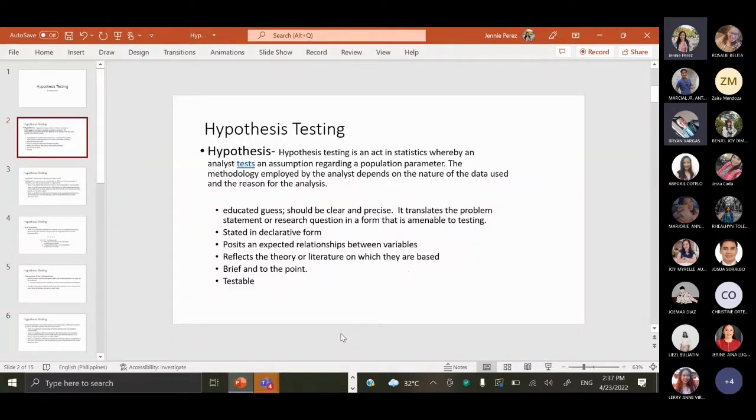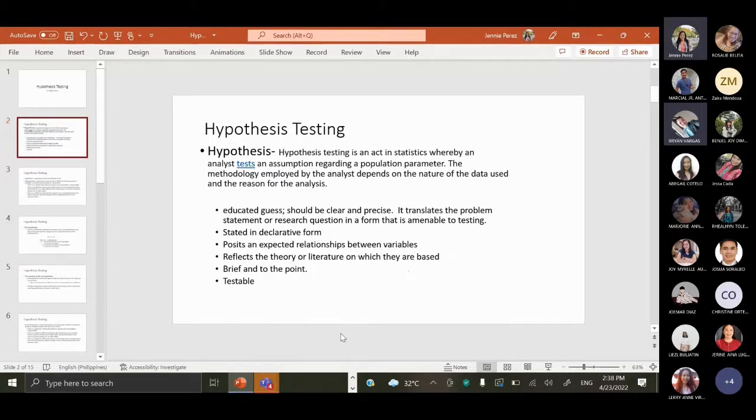And if in future studies that test that claim, it is always accepted, that claim is always established, then that hypothesis is now elevated or promoted to a theory.